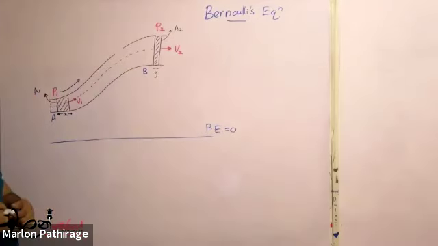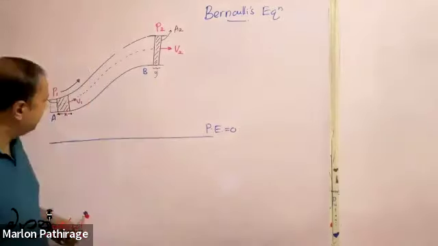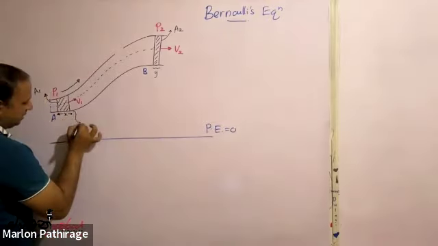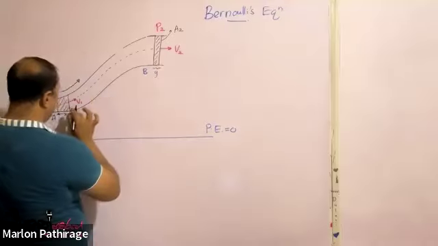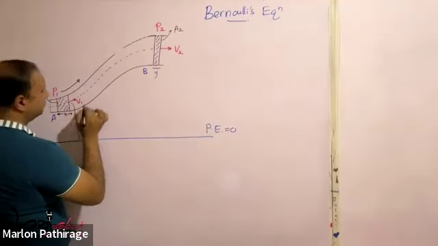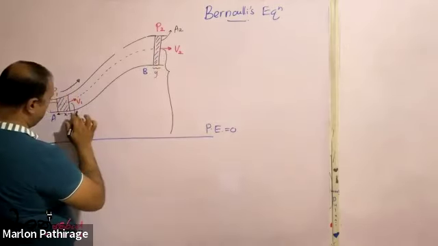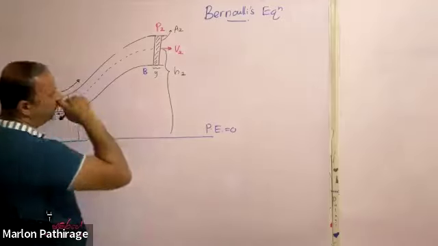So due to this pressure difference, two things can happen. Suppose the initial height is h1 and the final height is h2.